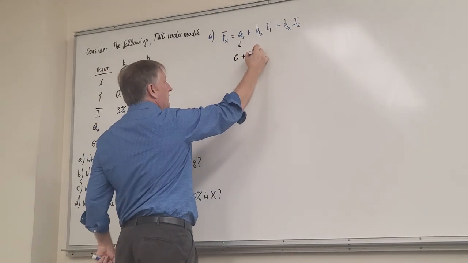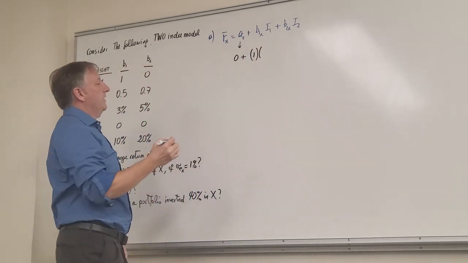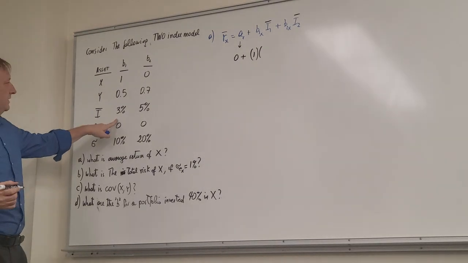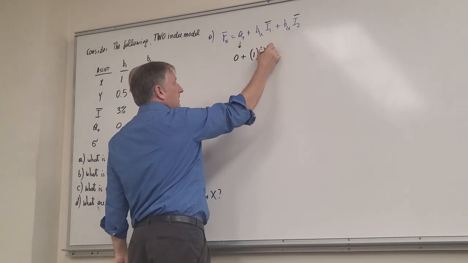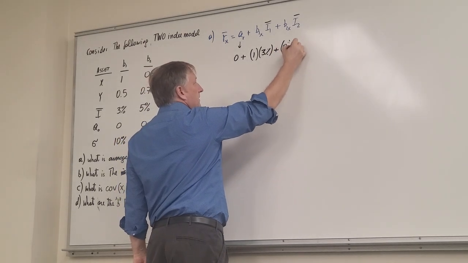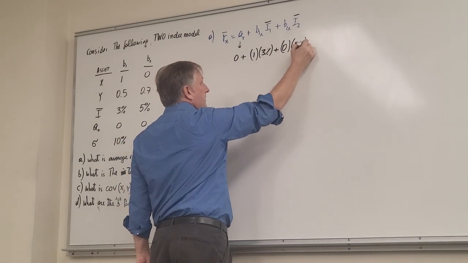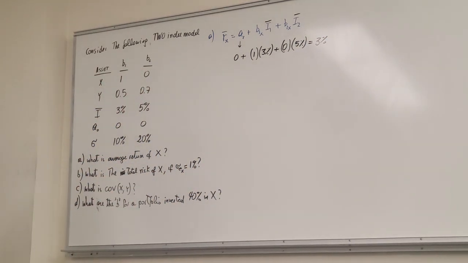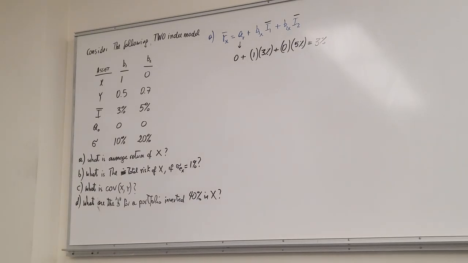B1 of X is 1. The average level of I1 is 3. B2 is 0 for X. And I2 is 5. So 50%? Yep. So pretty straightforward, just tedious.